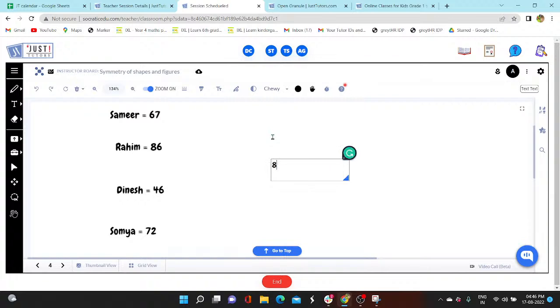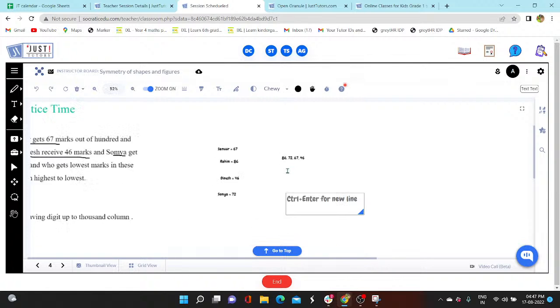So we would write 86 first. Then the next one is Soumya, she has got 72. The next one is Sameer, he has got 67. And the last one is Dinesh, he has got 46 marks.